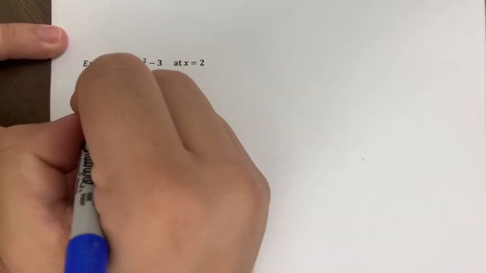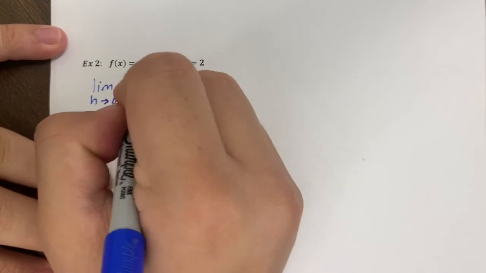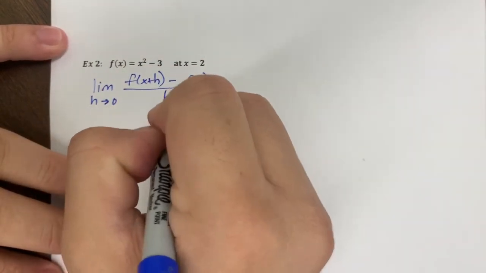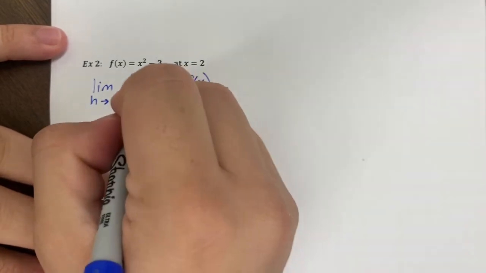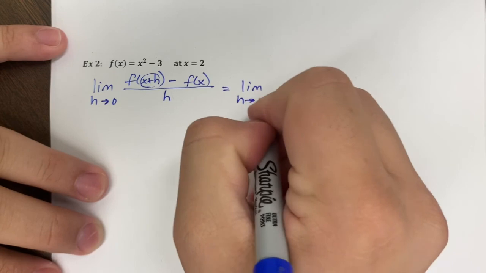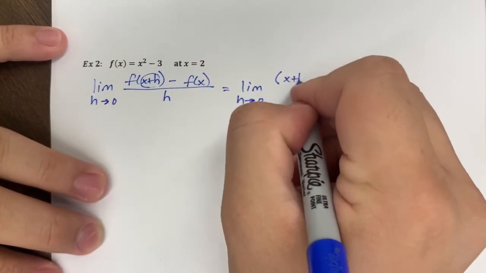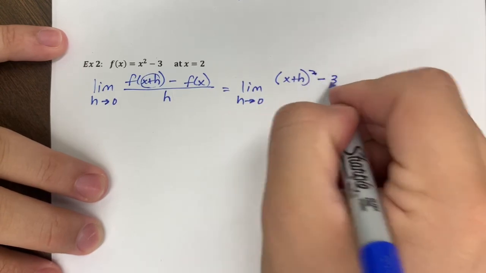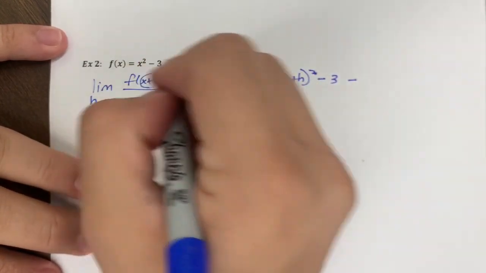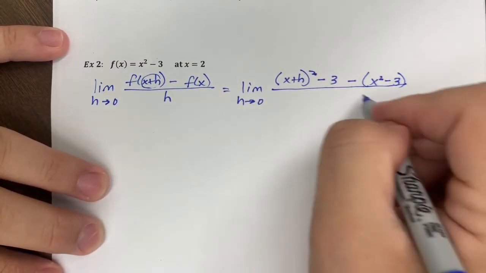Again, I'm just going to take the limit as h approaches 0 of f of x plus h minus f of x, all divided by h, right? So if I plug in x plus h into this, let me rewrite the limit. I'll have (x plus h) squared minus 3, and then all of this minus the original function, x squared minus 3, divided by h.